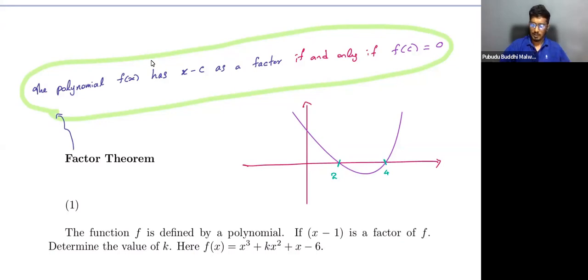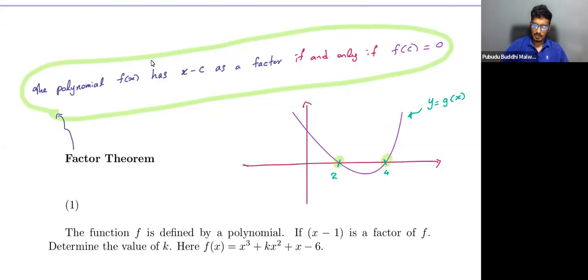So let's suppose the function is g of x, y equals g of x. Now, y value equals 0 at this point and also at this point. So that's the idea, right? So these are x-intercepts.